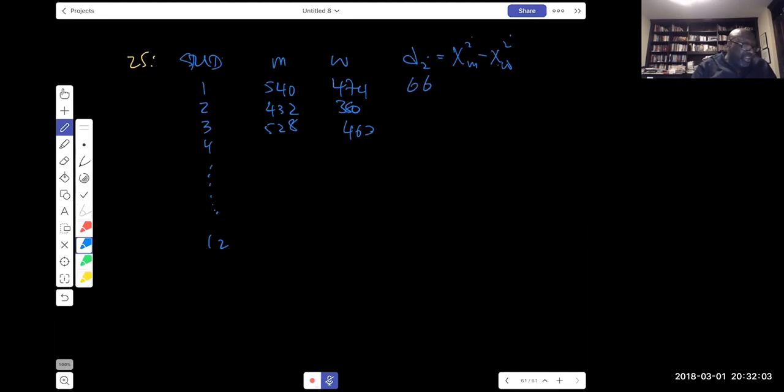And then the next one would be 52. The next one would be 65. So we just keep doing that until we get all of the differences.